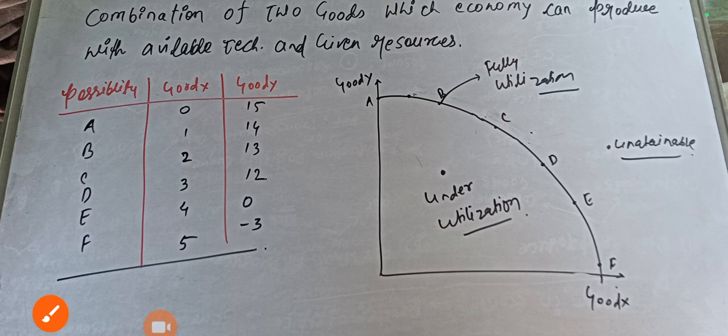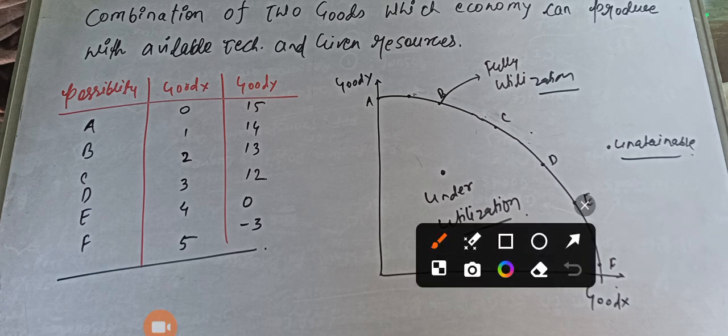When we take a third possibility, we are increasing good X, and you can see the good Y production is reducing simultaneously. So while we are distributing technology and resources, one good is increasing but the other good is decreasing. This is also called the marginal rate of technical substitution.